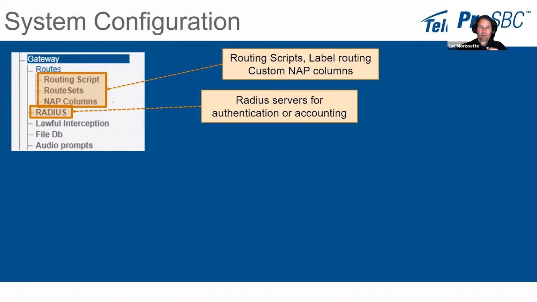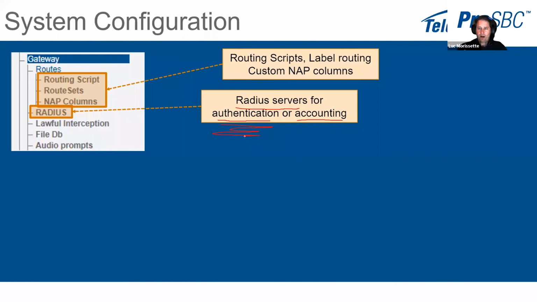If you use Radius, then you have Radius server configuration. You can use it for authentication or accounting. For authentication, you can first validate if a call is accepted. Second, you can also use the Radius server for creating routing tables.